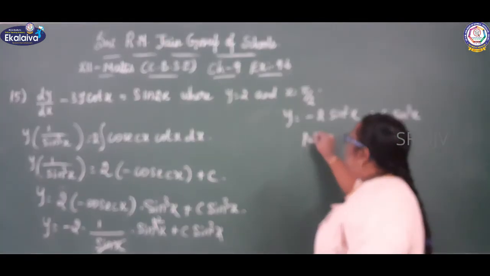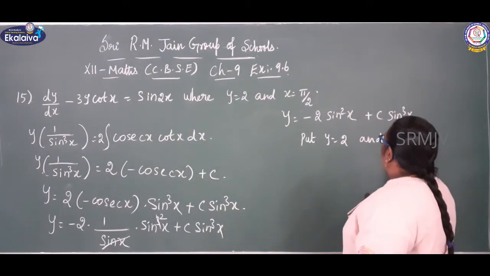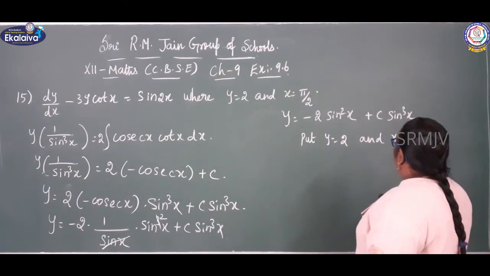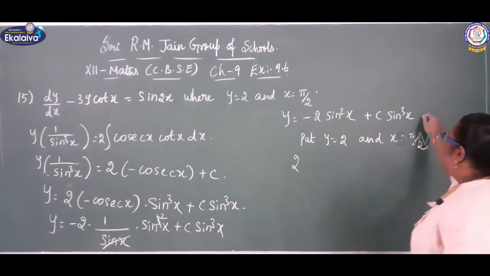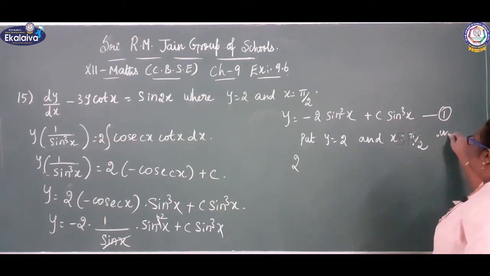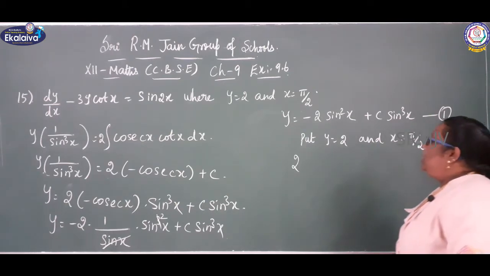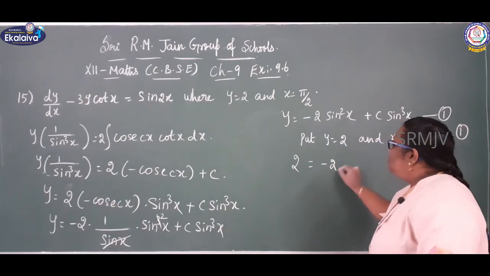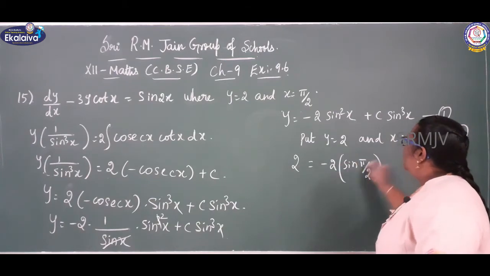Put y equal to 2 and x equal to pi by 2. So substitute in this equation. 2 equal to minus 2 into sine pi by 2 the whole square.